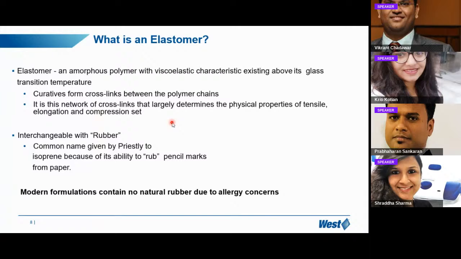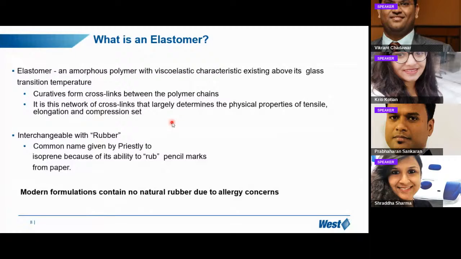This elastomeric rubber should have a good amount of flexibility. Whenever you are putting the needle inside the vial through this rubber stopper, there should be a good amount of flexibility and elasticity, and that's the reason the needle can go inside the stopper.